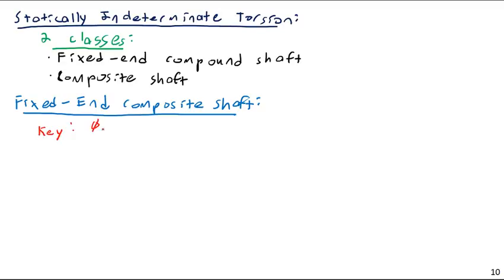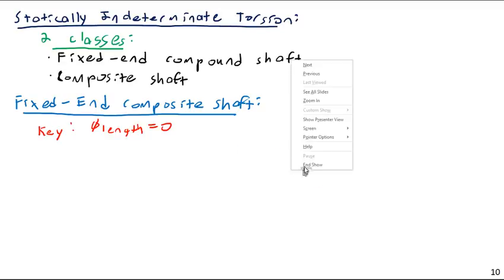The angle of twist along its entire length is simply 0. In other words, we have two fixed end reactions. It can rotate somewhere toward the middle, but from one end to the other, it must be a total of 0. So let us consider this example here.